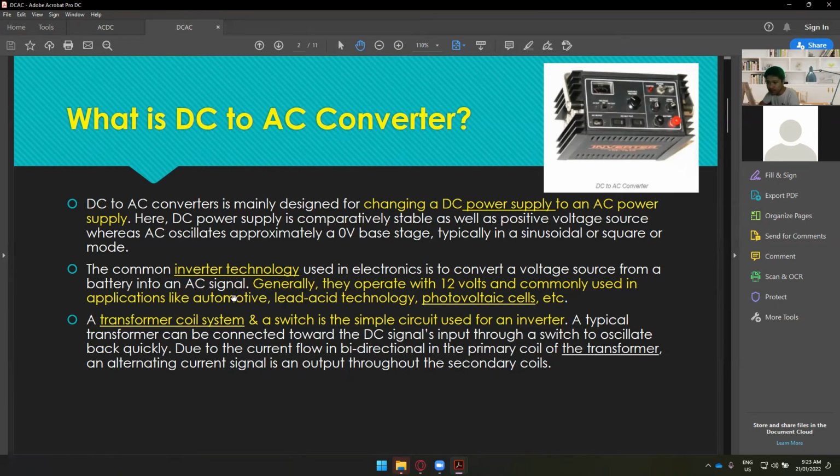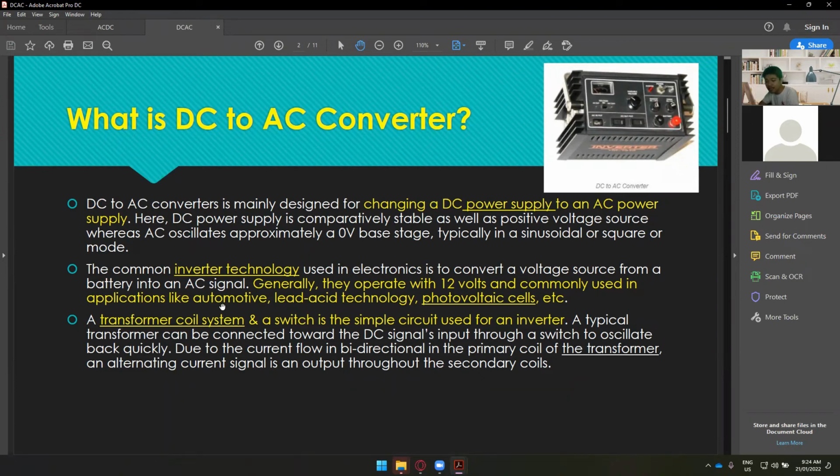Generally, they operate with 12 volts and are commonly used in applications like automotive, LED technology, or photovoltaic cells, etc. But mostly, I think, if I'm not mistaken, we have inverters in washing machines, which recycle the electricity, converting the extra from DC into AC for it to use AC power.